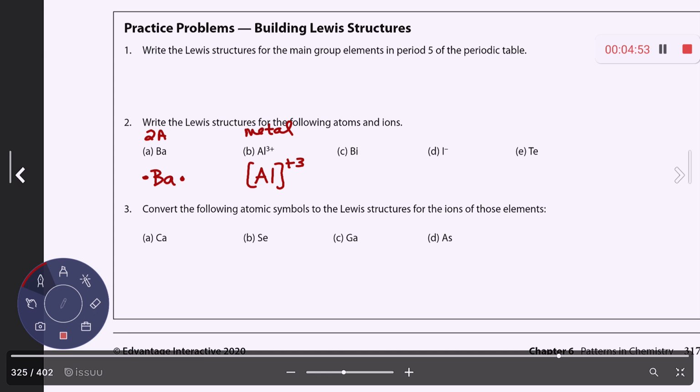Okay? Bismuth is where? Is bismuth one of our metalloids? No? I don't think so, is it? No, it's just a neutral metal, but it is in group 5A. So how many dots will it have? Yeah. 1, 2, 3, 4, 5. Doesn't matter where you put them as long as you have a max of 2 dots on each side.